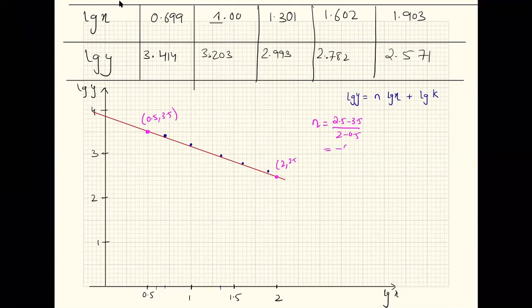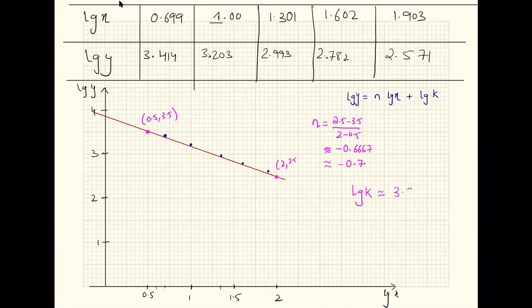So I'm getting minus 0.6667. If I want to round it to one decimal place, I'm going to round it to negative 0.7. And the y-intercept, which is lgk, is somewhere around 3.9.